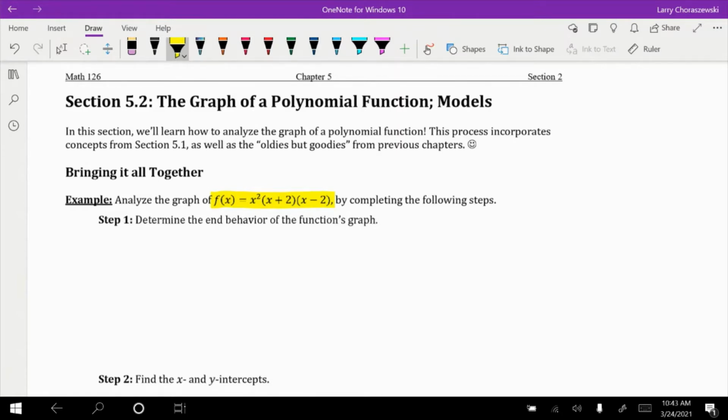And keep in mind that end behavior is based on the leading term, a sub n x to the n. With the polynomial in partially factored form, it's not really evident as to what the leading term is. We would be able to identify the leading term if the function were written in standard form.